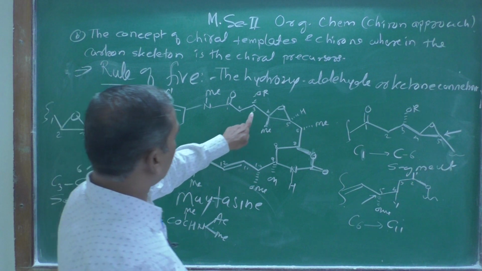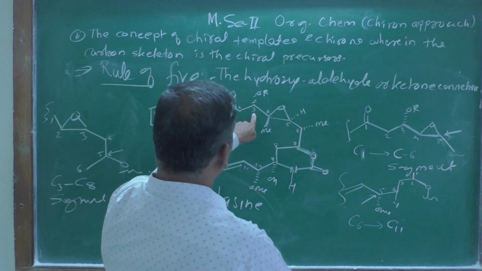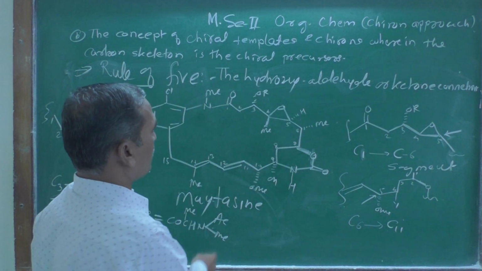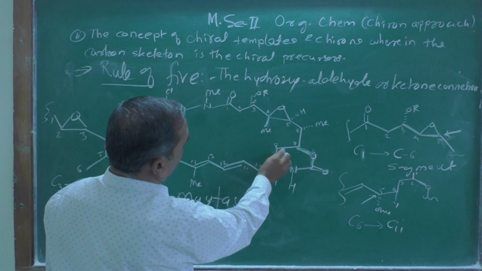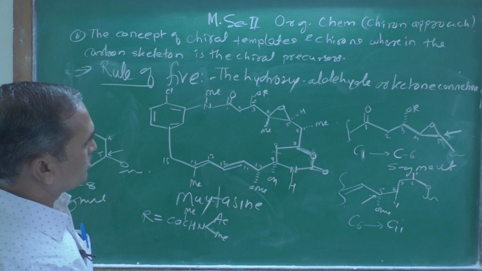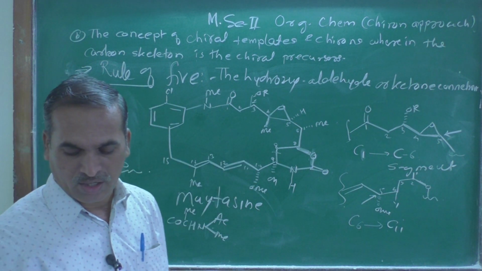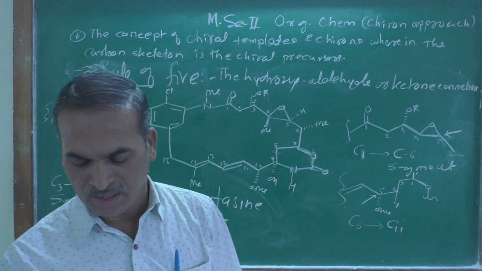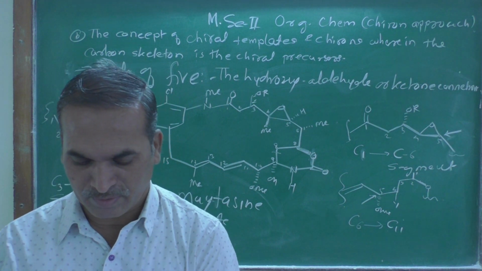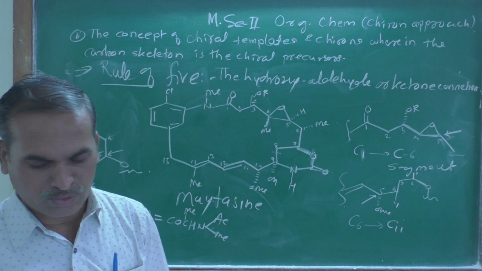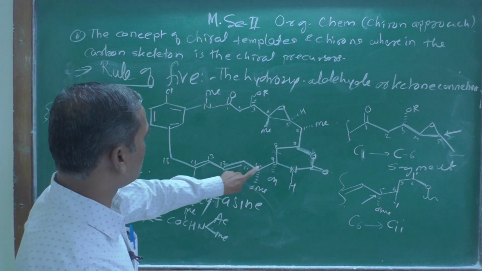C3 to C8 segment, up to this segment, that is a carbohydrate. You can look from here to here. This segment is there, C3 to C8, or there may be another segment where we can use C9 to C14.